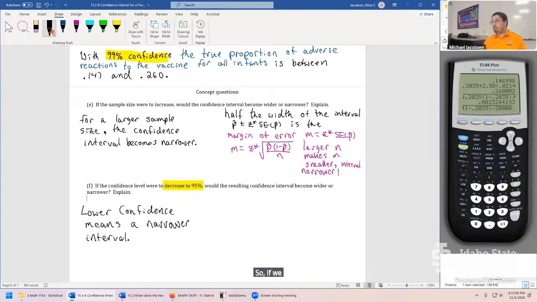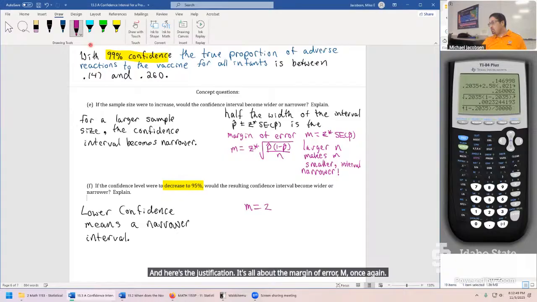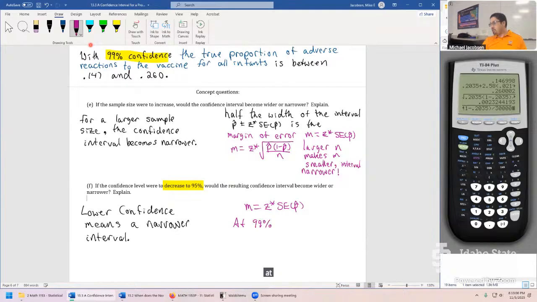So if we have a narrow interval, but at 99% confidence, now we start to trust the results, trust the data, that nothing is being kind of put over our heads. No one's essentially lying in a strange, sophisticated way. And here's the justification. It's all about the margin of error, m, once again. m equals z star times standard error of p hat. So this controls half the width at 99% confidence.